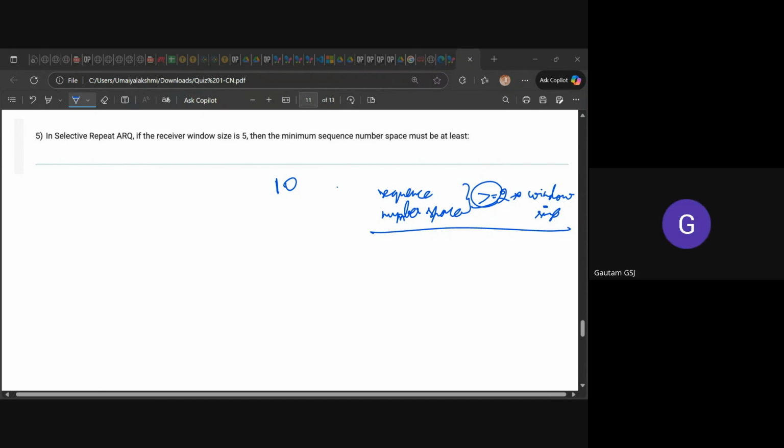If there is an issue with the third packet and the remaining 4 packets are in the buffer, it will resend the third packet since it is selective repeat ARQ. Then what is the necessity of having double? Why can't we reuse the same sequence numbers, why start with 6, 7, 8, 9, 10?